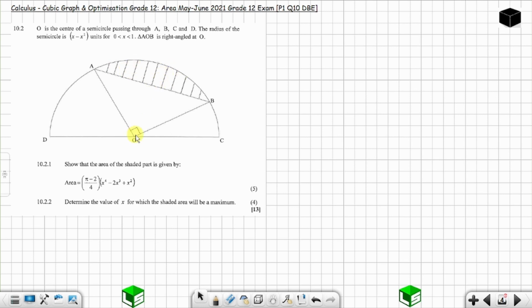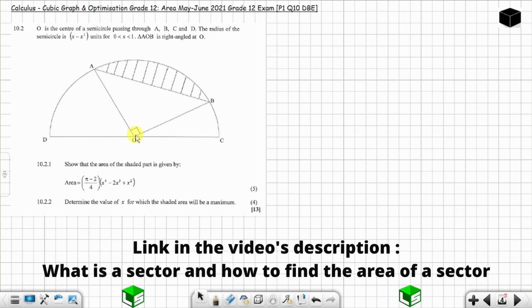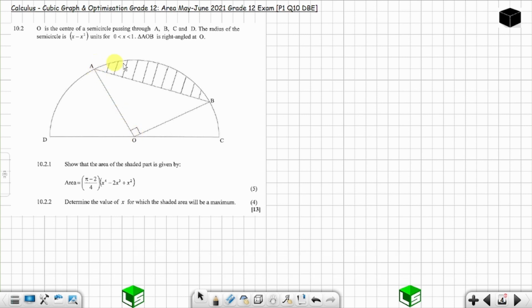Just in case you don't know how to find the area of a sector, I have a video for you in the video's description. I have provided the link to the video, so please go check that video. It's going to help you on how to find the area of a sector. So you have the area of the sector minus the area of the triangle. You're going to remain with this.